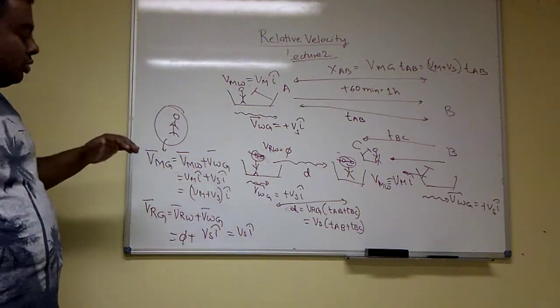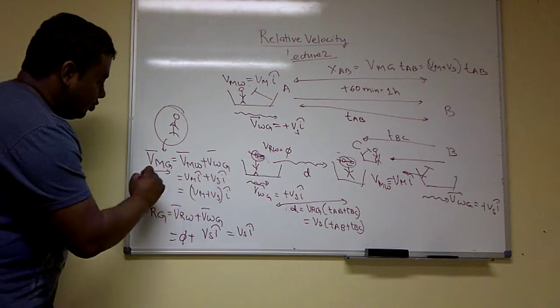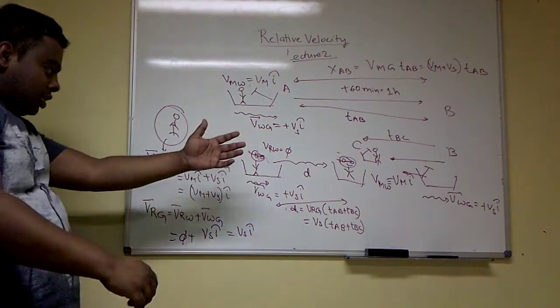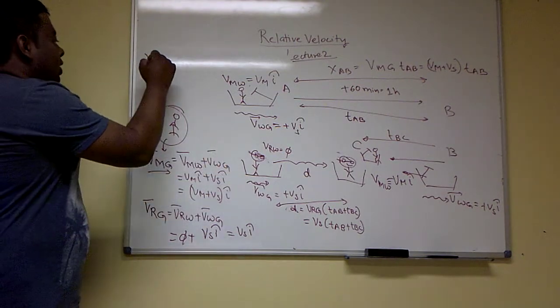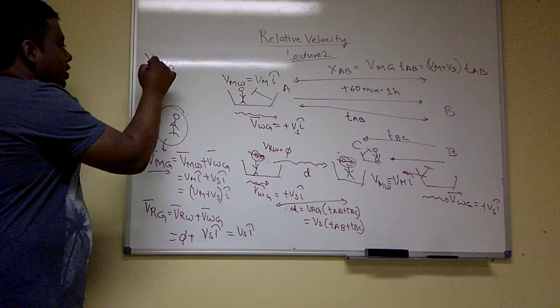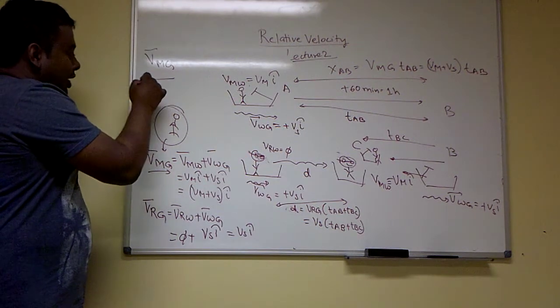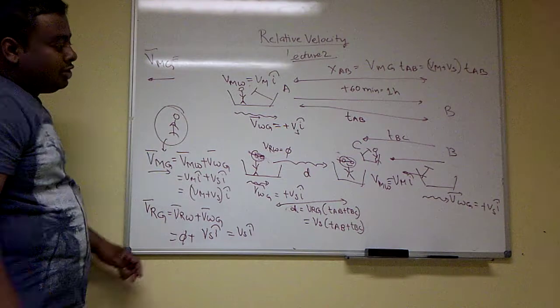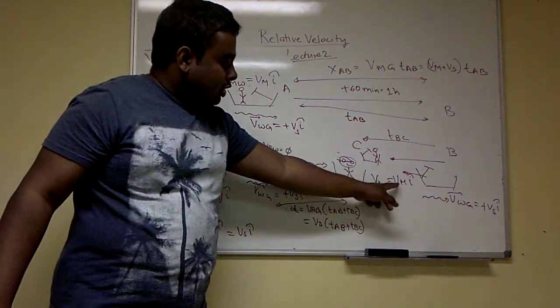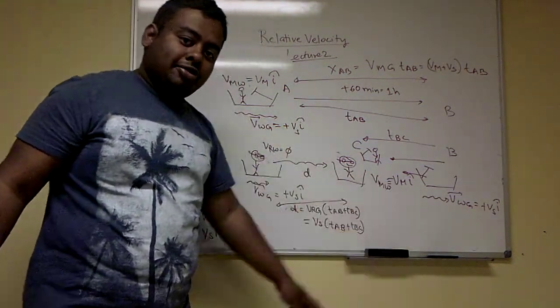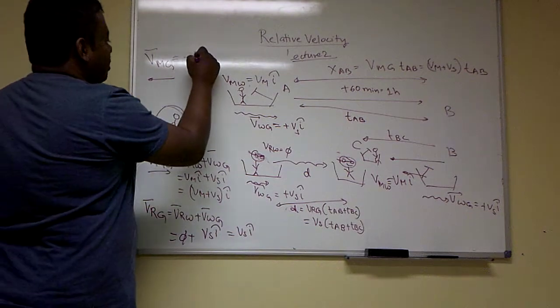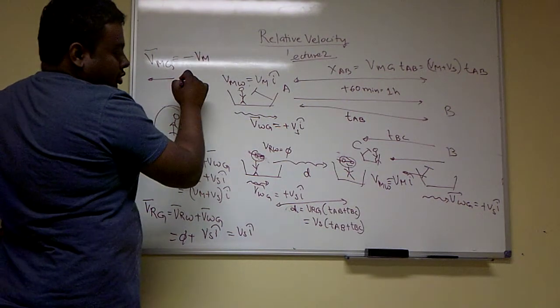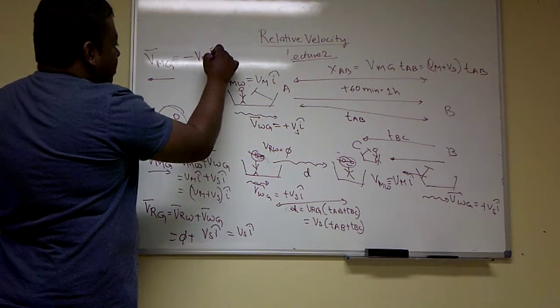Now when the motorboat is coming back, so this is going forward in the downstream direction, when the motorboat is coming back, the velocity with respect to ground might have changed, and how it has changed is now the velocity they are seeing is minus Vm i cap.